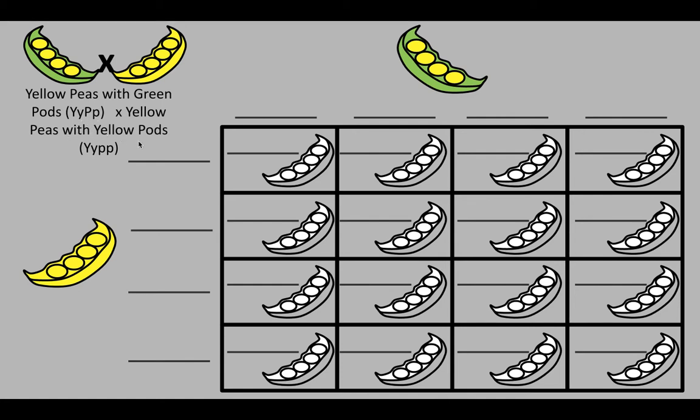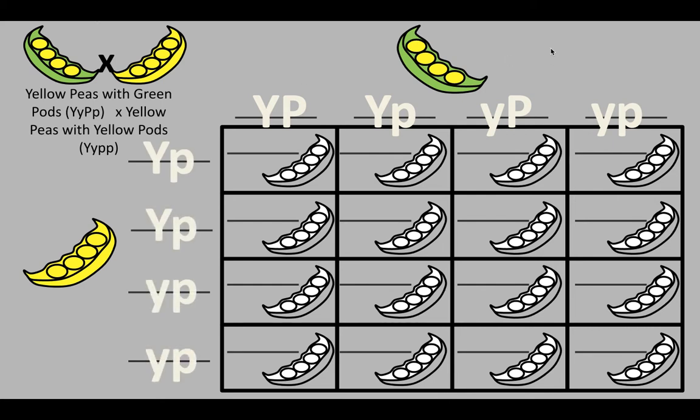Now for yellow peas with yellow pods, this individual right here, we're heterozygous for the pea color, but homozygous recessive for the pod color. So the only pod color allele it can donate is a little p. However, some of those could have big Y and some of those could have little y, okay? So the very first thing is I'm going to drop those and set this up like so.